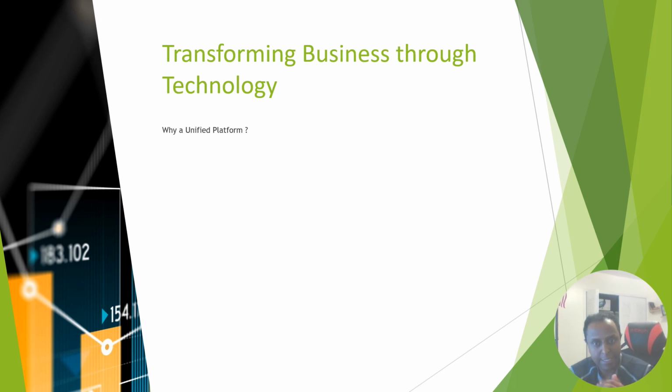This basically enables businesses to interact with customers in numerous ways across multiple channels like social media, emails, or chatbots, what have you. The main aim of this unified platform approach is to provide a seamless customer experience, regardless of how or where our customer chooses to engage with the company.